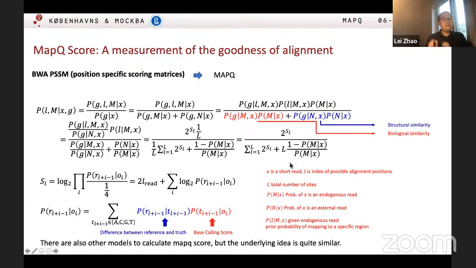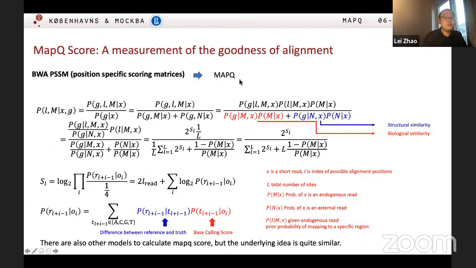And if you use the Phred scaled method as we discussed before, you calculate 10 to the minus q over 10, and you calculate the q to make sure this value equals 10 to the minus q over 10, and you get the map quality score like what we showed before. So this is what I said about the MapQ score. This is a specific way to calculate the MapQ score.